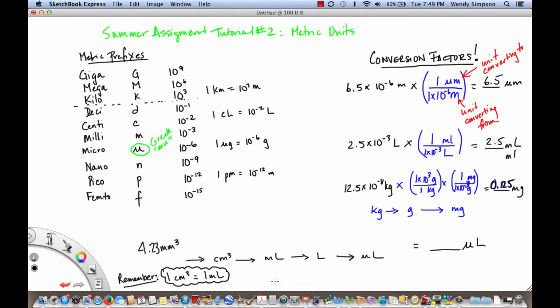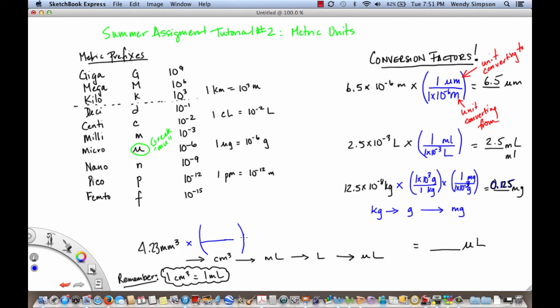So there's my path. What this means is that I need 1, 2, 3 conversion factors in this problem. My first conversion factor is going to take us from millimeters cubed to centimeters cubed. And this one is going to be a little interesting. All right, let me set up my fraction.